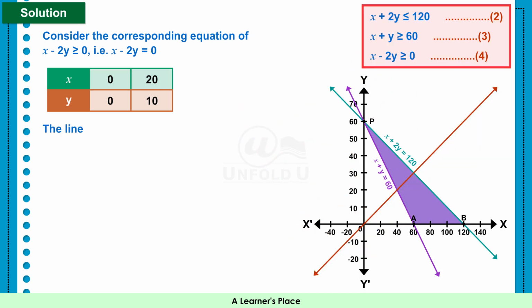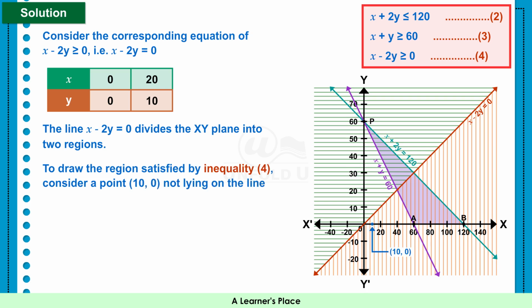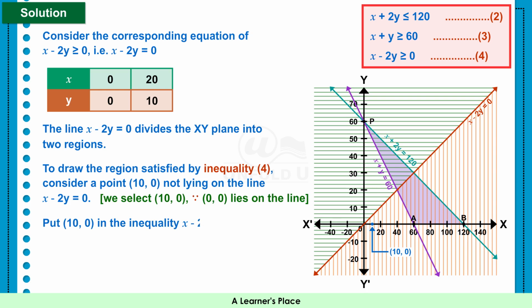Here, the line x minus 2y is equal to 0 divides the xy plane into two regions. To draw the region satisfied by the inequality 4, consider a point (10, 0) not lying on the line x minus 2y is equal to 0 and put (10, 0) in the inequality x minus 2y greater than or equal to 0.